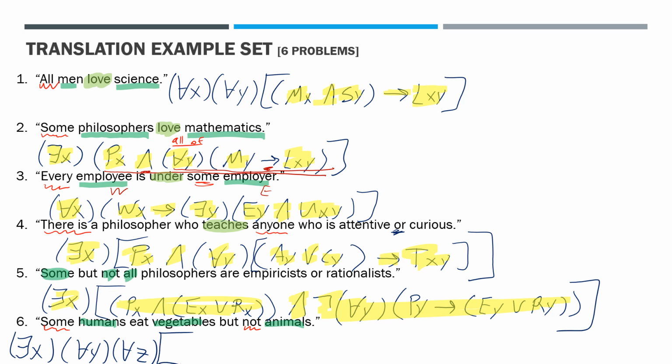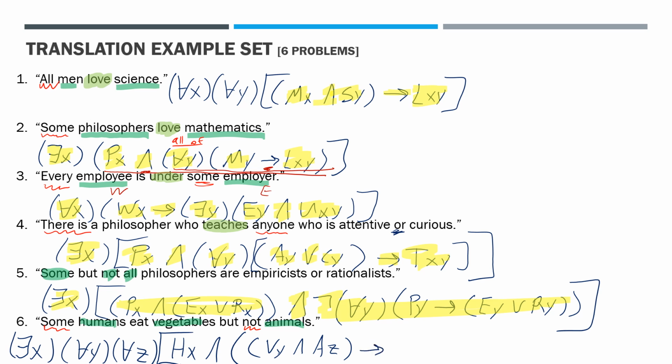Overall, we have a particular sentence. So we have a conjunction. So we'll say X is a human, and now we have a conditional. So in the antecedent, we have to announce our variables. We have to say that Y is a vegetable, that Z is an animal. So we'll say VY and AZ arrow.